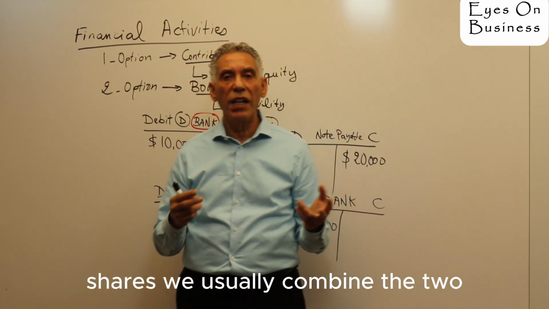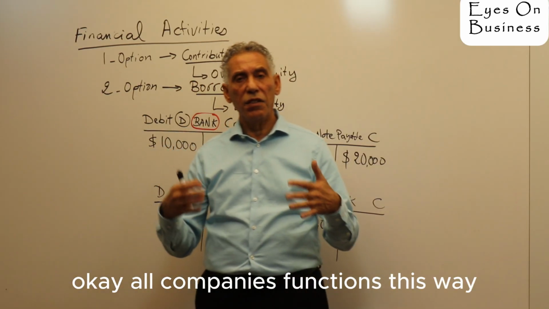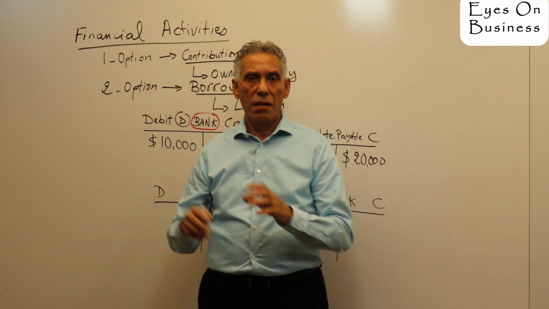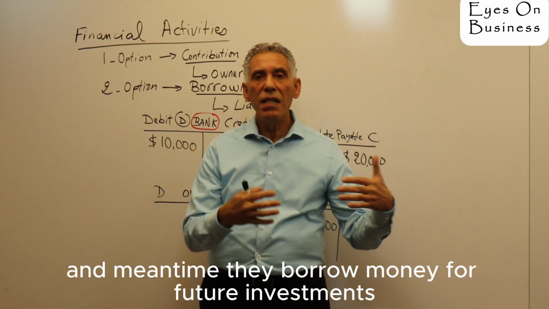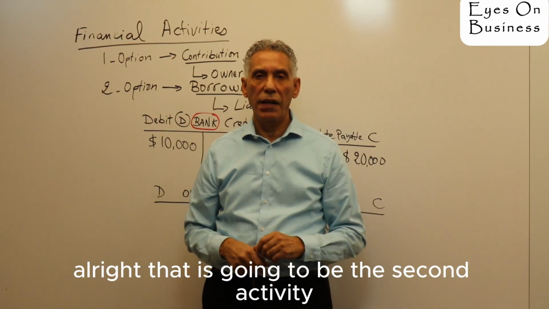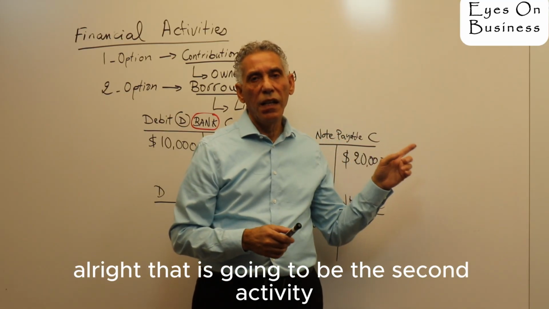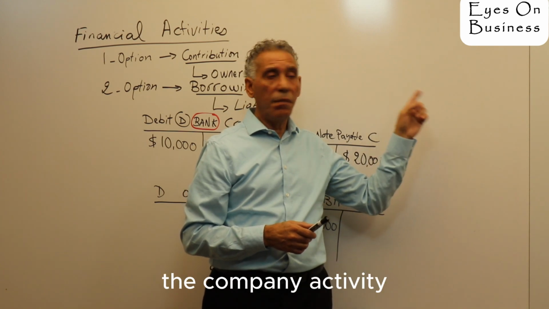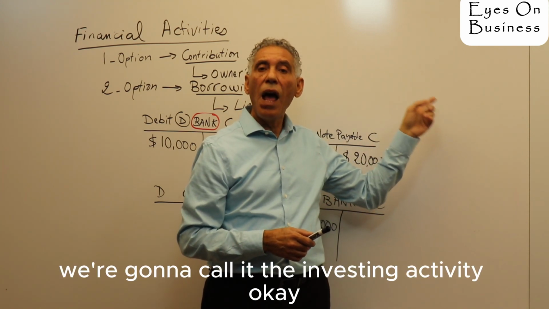We usually combine the two. All companies function this way. They have their own money, and in the meantime, they borrow money for future investments. That is going to be the second activity, the company activity. We're going to call it the investing activity.